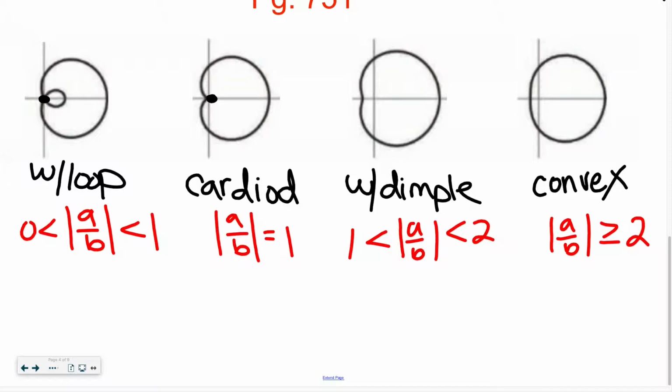Okay, one last thing before we get into our graphs is we'll get some of the same characteristics as we did yesterday. So there will be the question about the number of zeros that the graph will have. Just by looking at the picture of the limacon, let's start over here with convex. How many zeros does it have? None.